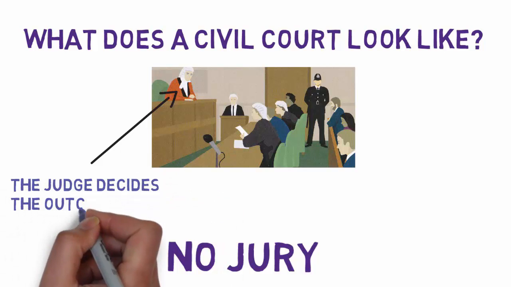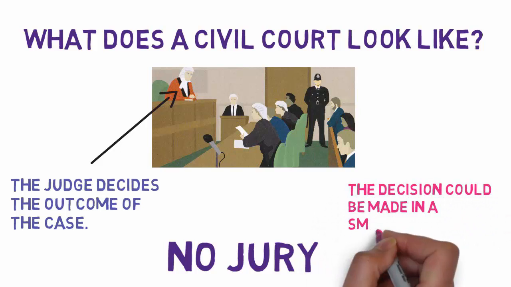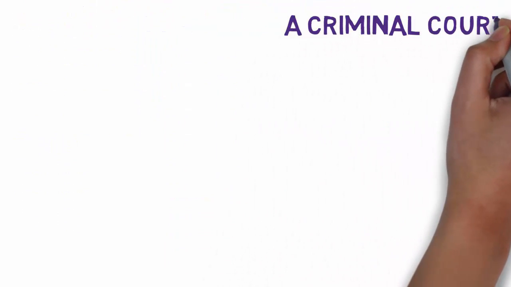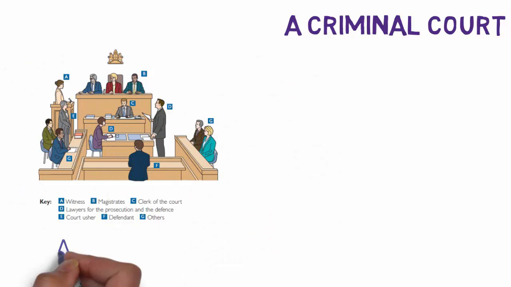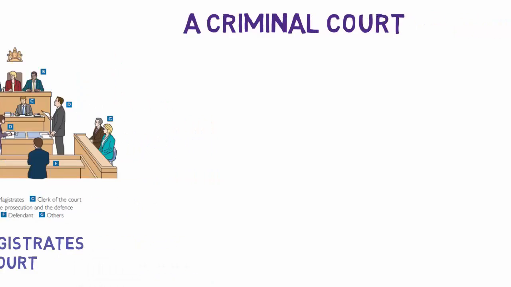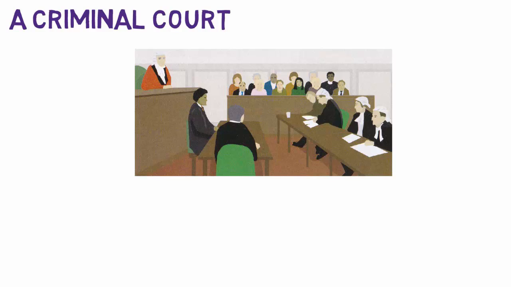If it's a very small case, less than £5,000 in value, it will go to a small claims court, which you may well have heard about. Whereas a criminal court is a much bigger thing, where serious offences are dealt with. Less serious offences are dealt with in a magistrates' court. It might still be a criminal offence, but more serious offences are dealt with in a crown court, in a big court.